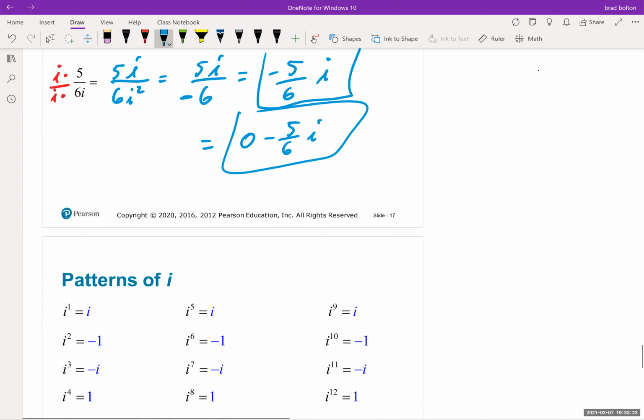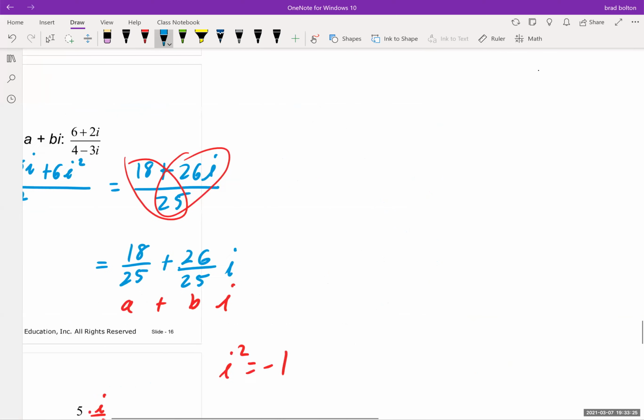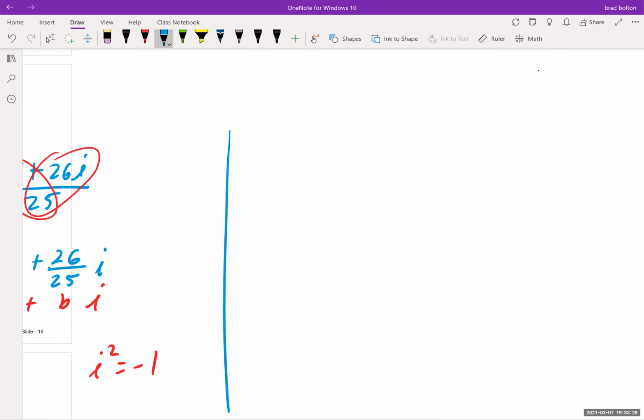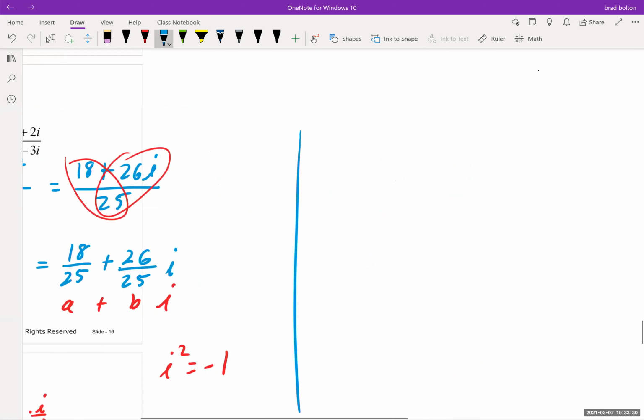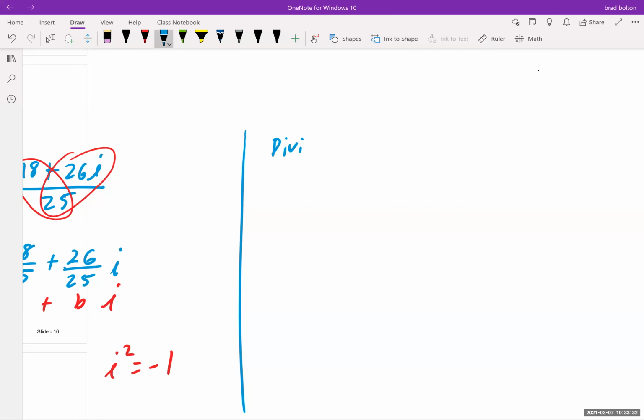Okay, let me see what else we got. Let me give you another one. So let's try to divide and write the answer in standard form.